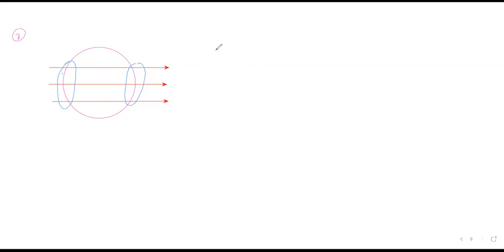You can write here, net inward flux is equal to the net outward flux. Are you clear? Hence, inward flux is equal to outward flux, so we can say the net flux is equal to 0.